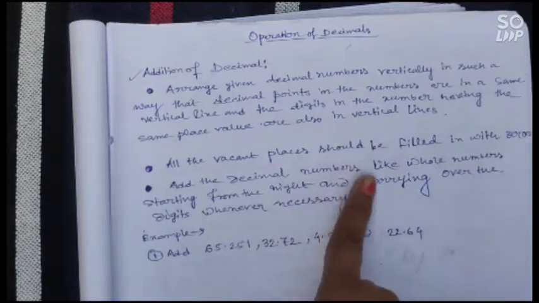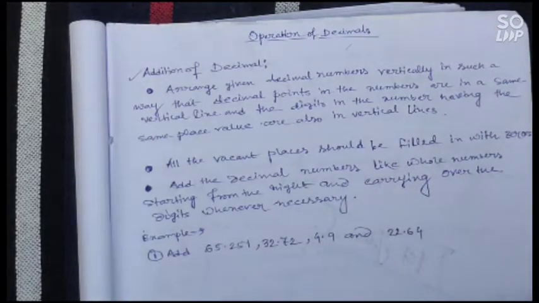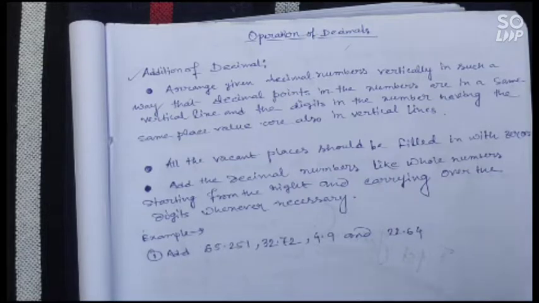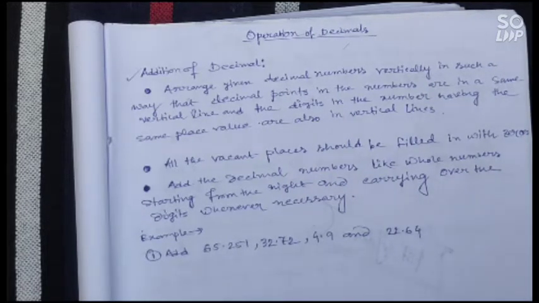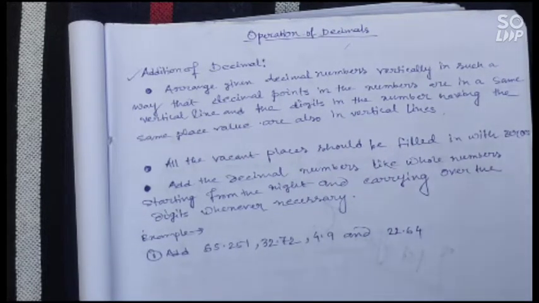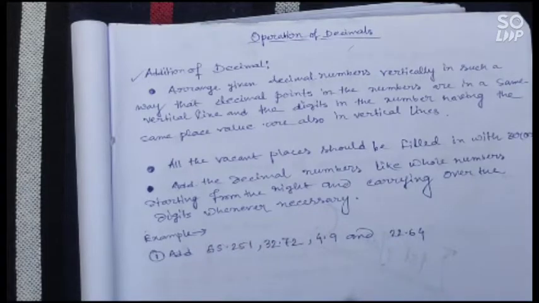Then add the decimal numbers like whole numbers, starting from the right and carrying over the digit whenever necessary. So after arranging all the digits of the given decimal numbers, the vacant places will be filled in with 0. Then you have to do the addition like whole numbers starting from the right side and carrying over the digit whenever necessary.